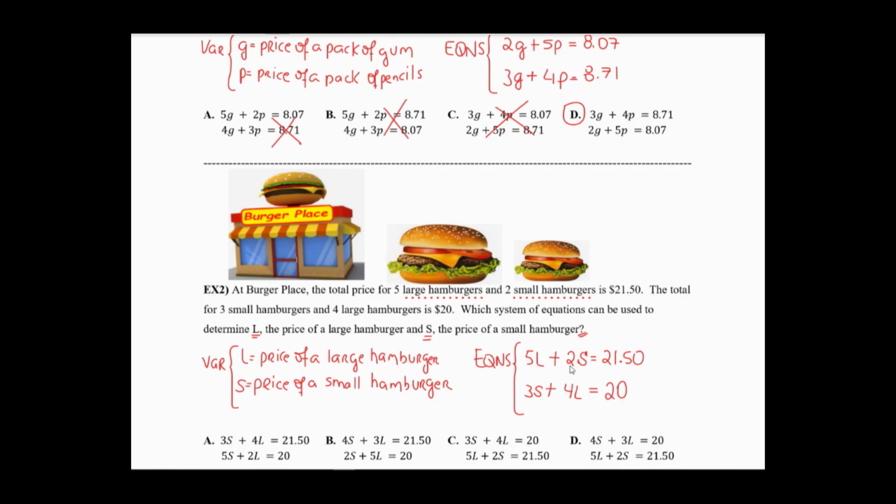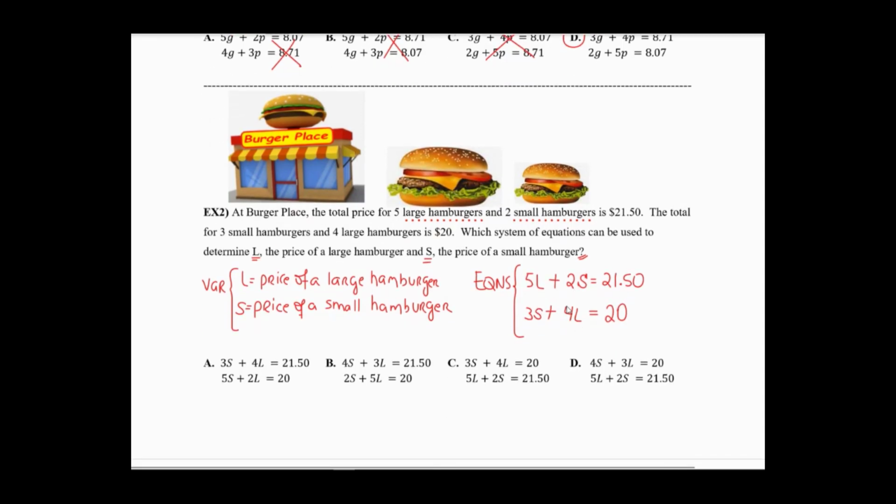If you notice, you can read the mathematical equation as a sentence. 5 large hamburgers and 2 small hamburgers equals 21.50. 3 small hamburgers plus 4 large hamburgers equals 20. So it's like translating from a language, which is English, into a mathematical language, which is equations here.